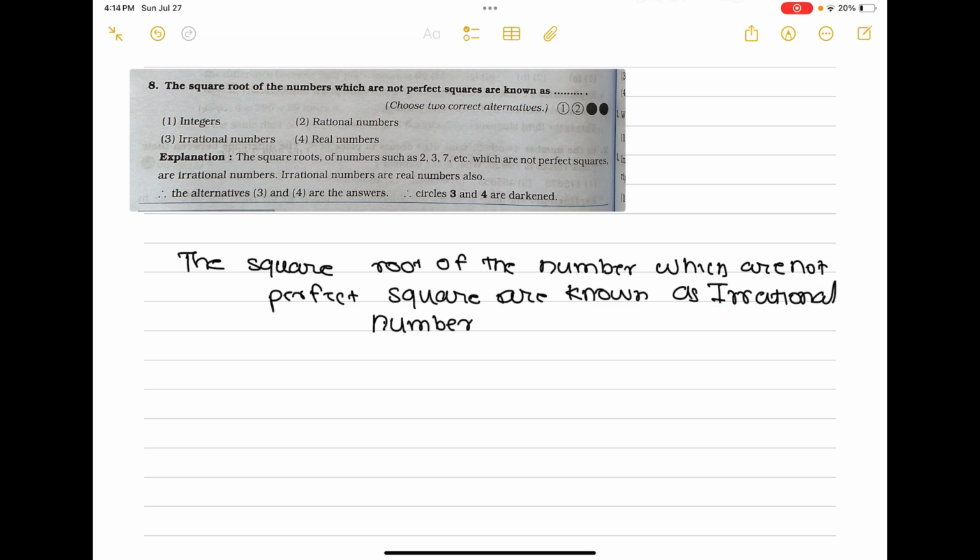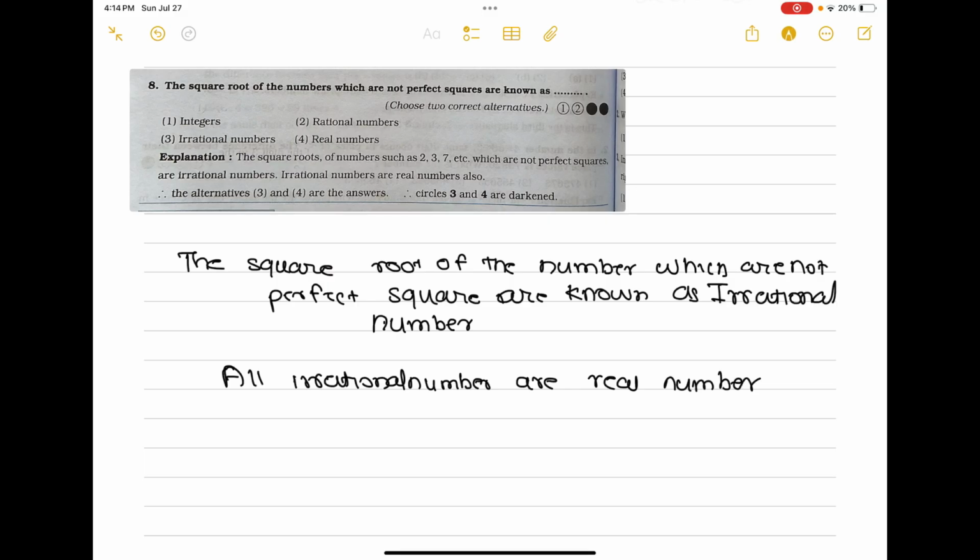Okay, so option C is correct, right? No, wait, all irrational numbers are real numbers.